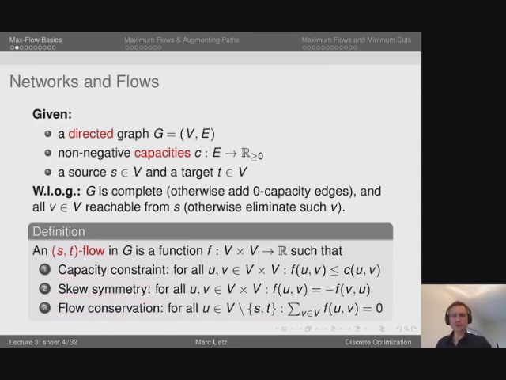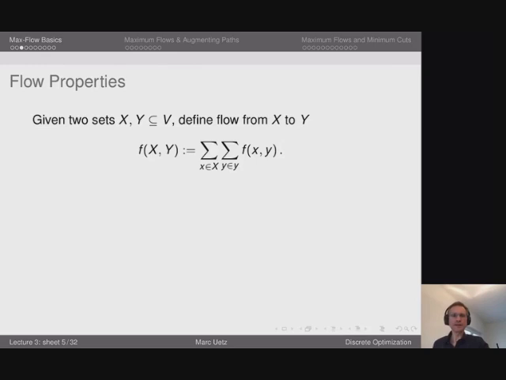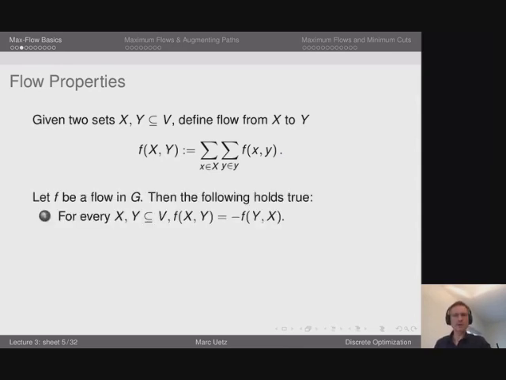Now, given this definition, we can continue, for example, defining the flow value from a subset X to a subset Y of the vertices of the graph by just summing up the corresponding flow values for all the involved vertices X and Y. Now with this definition, we can collect another few observations.